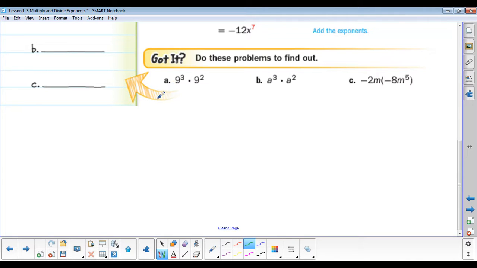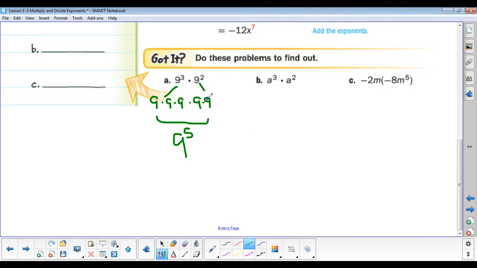So again, I'm going to do this one 2 ways. First, 9 to the 3rd would be 9 times 9 times 9. It's 9 3 times. 9 squared would be 9 times 9 twice. 2 9s, right? The exponent tells us how many times that number appears. And if I put it all together, since it's all being multiplied, notice I have 9 to the 5th power.